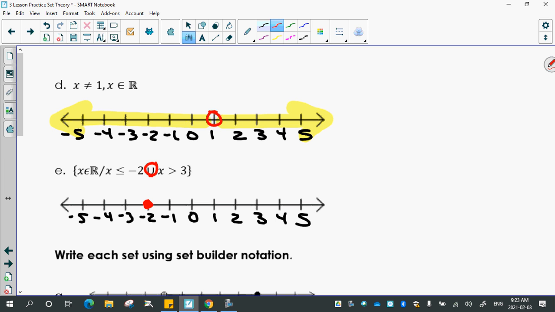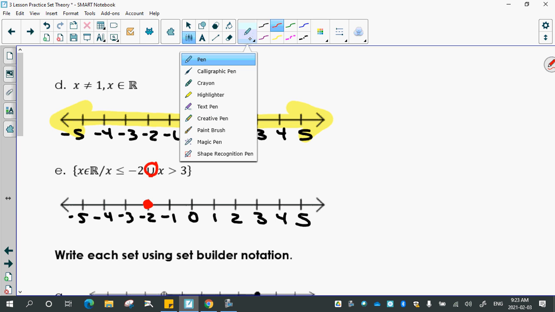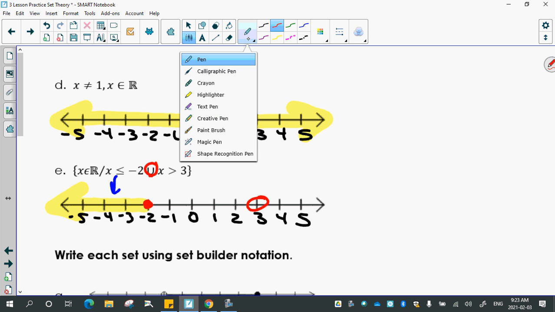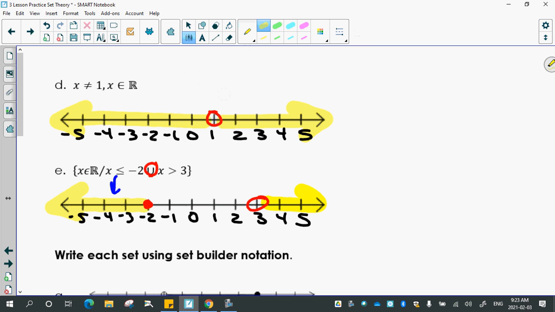And to be in this part of the set, you have to be less than or equal to -2. So that's this part of the set. And then open circle around 3, because that's be greater than 3. And so over here, that translates to that. Okay, x's that are greater than 3, strictly greater than 3.